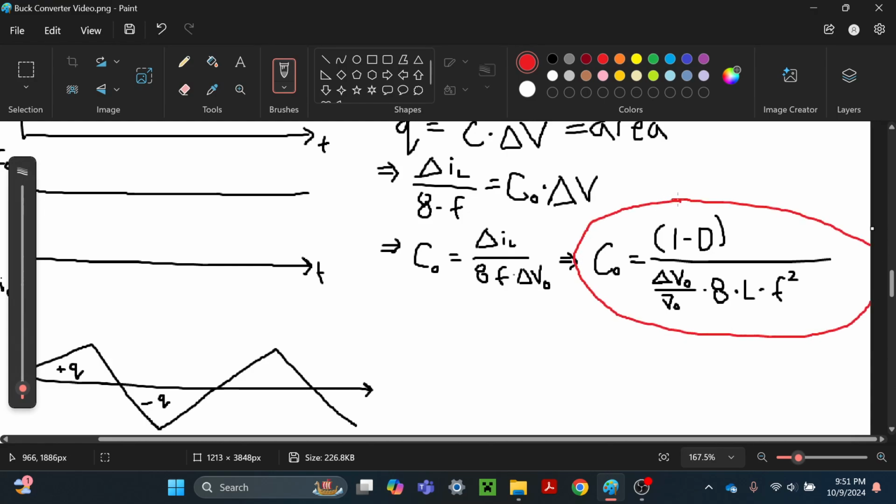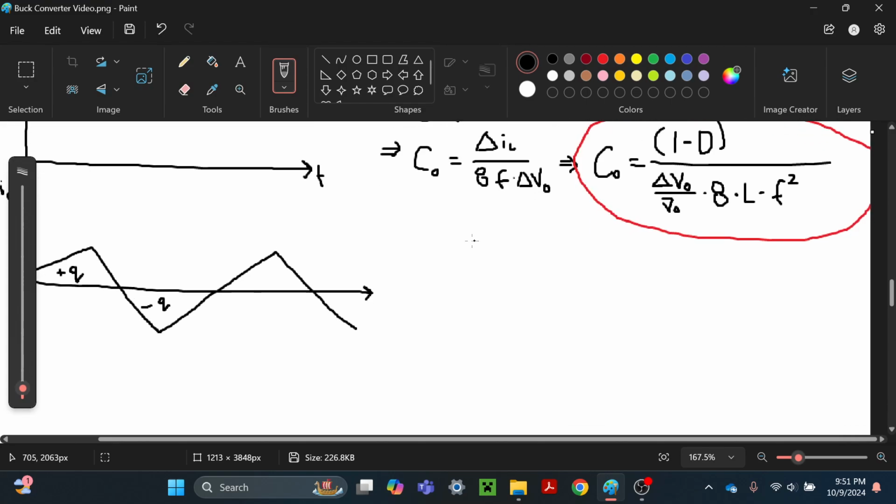Circle that in red. This equation is considering this, this is what we refer to as the voltage ripple, or the output ripple. This is equal to voltage output ripple.